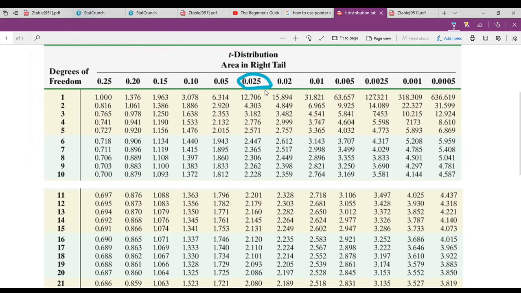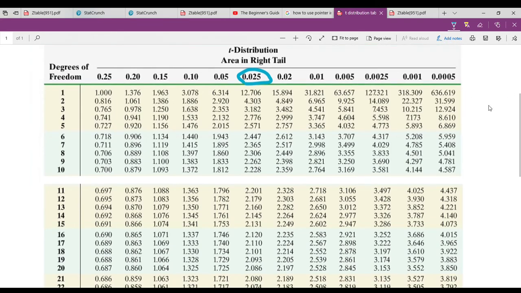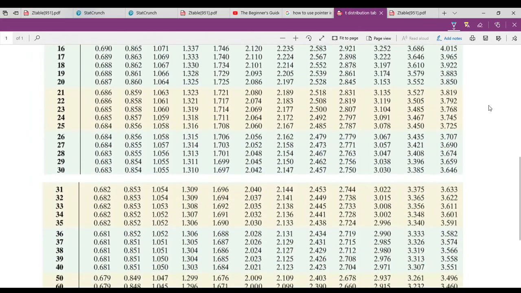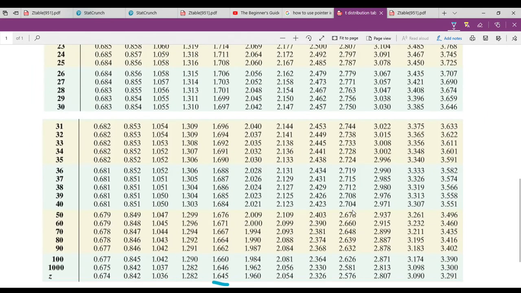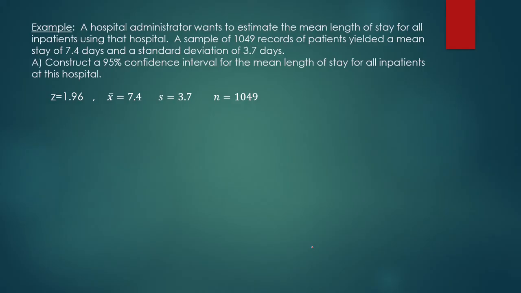The column 0.025, and the last row gives us a critical value of 1.960. E is 1.96, X bar is 7.4, S is 3.7, and the sample size is 1,049.